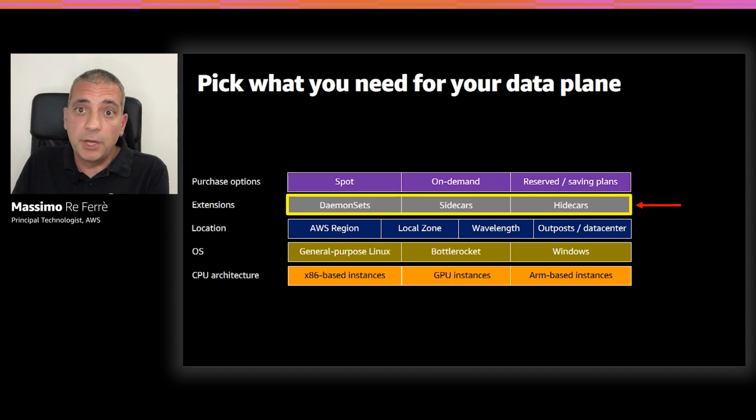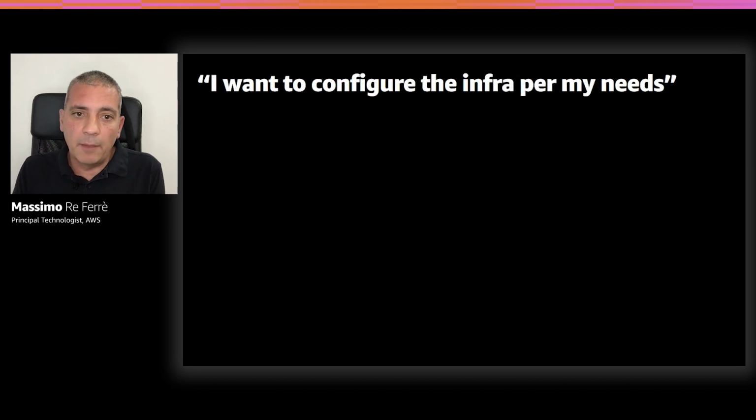Or how can I connect to my data, to my volumes, for example, stuff like that. You need to be in an infrastructure context somehow. How do those containers know about the infrastructure that exists nearby? There are a number of options that you can use to configure the infrastructure based on your particular needs.